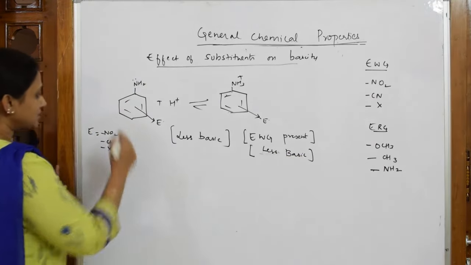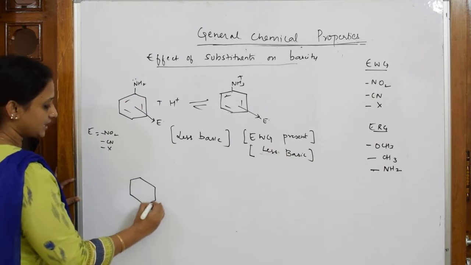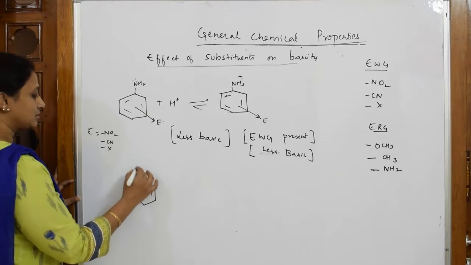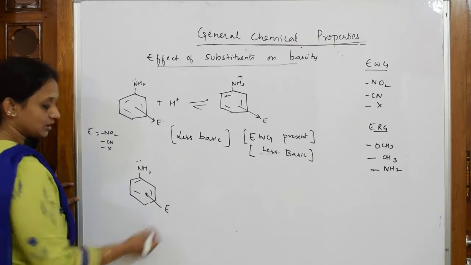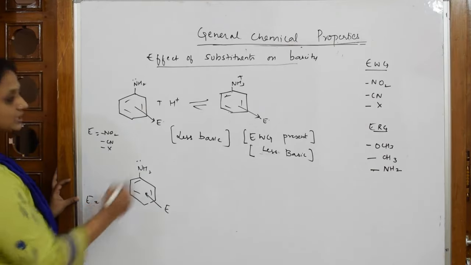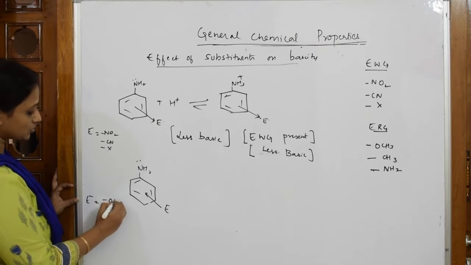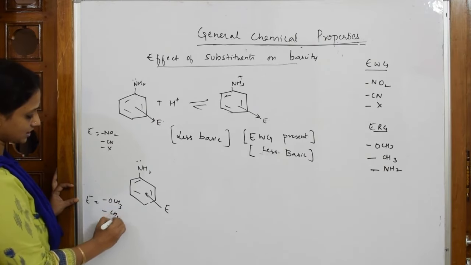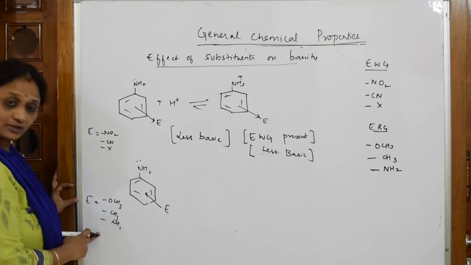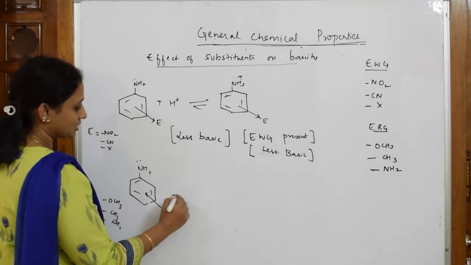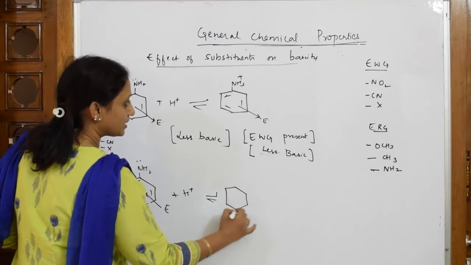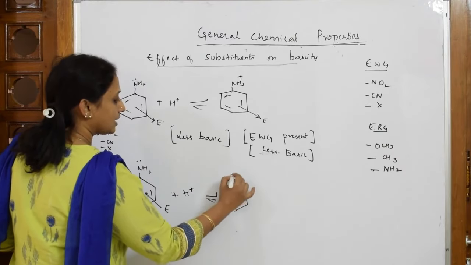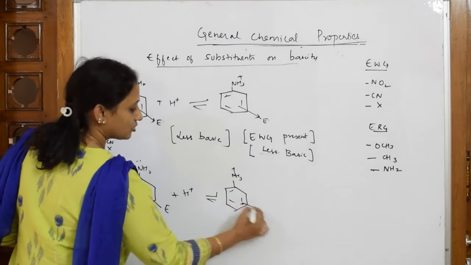Now suppose in the same aniline, you have electron releasing groups. So what are electron releasing groups? I have written here OCH3, your CH3, and your NH2. If you have an electron releasing group, the same story applies here, and to the anilinium ion also, NH3 plus with electron releasing groups.